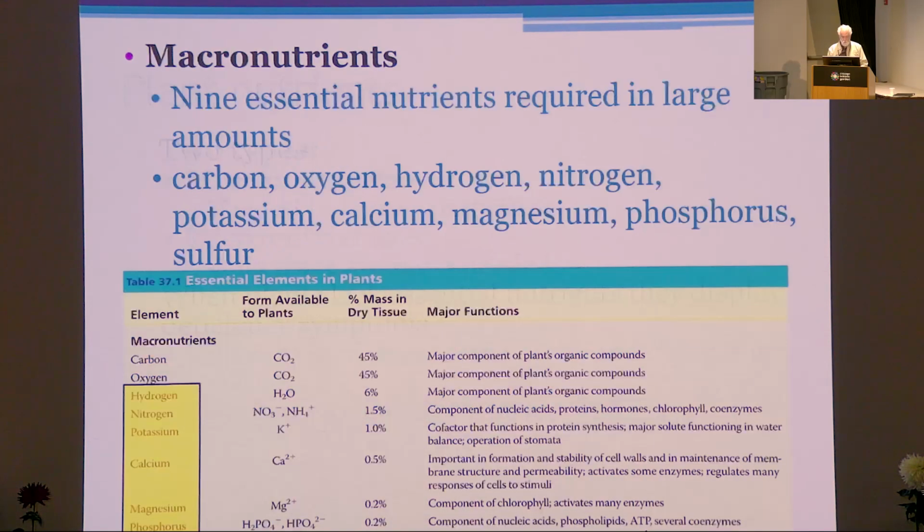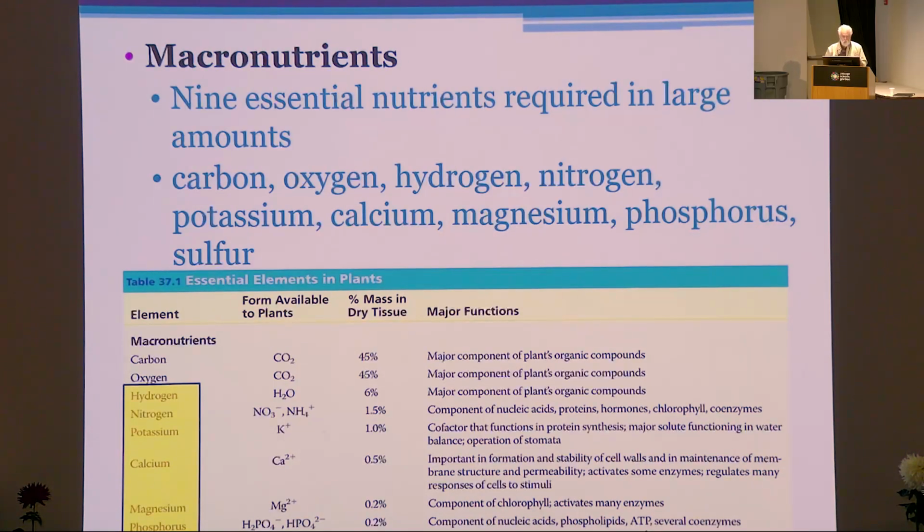And so anytime any of these nutrients is missing, it's going to have a negative effect on the plant's growth. And here are what are known as the plant macronutrients. In addition to carbon and oxygen and hydrogen, we have things like nitrogen, potassium, calcium, magnesium, phosphorus, sulfate. These are the things that you're probably familiar with that are present in your fertilizers. These are the things that plants need in relatively large quantity.